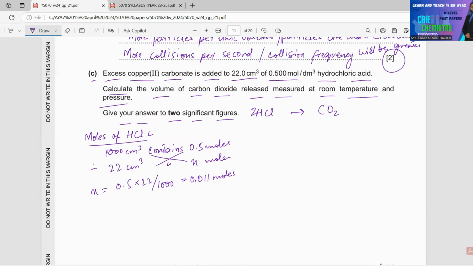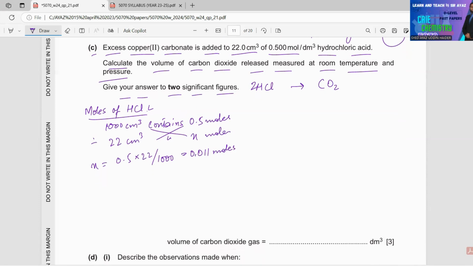We can calculate the moles of carbon dioxide using this information according to the reaction equation. Two moles hydrochloric acid giving 1 mole of carbon dioxide. Therefore, 0.011 moles give x mole of carbon dioxide.